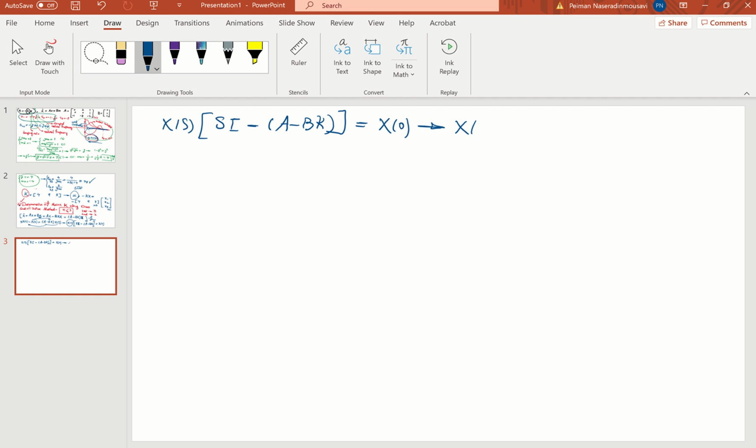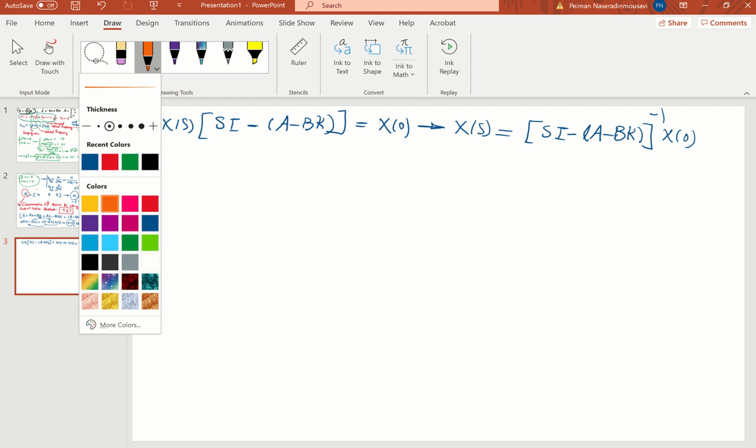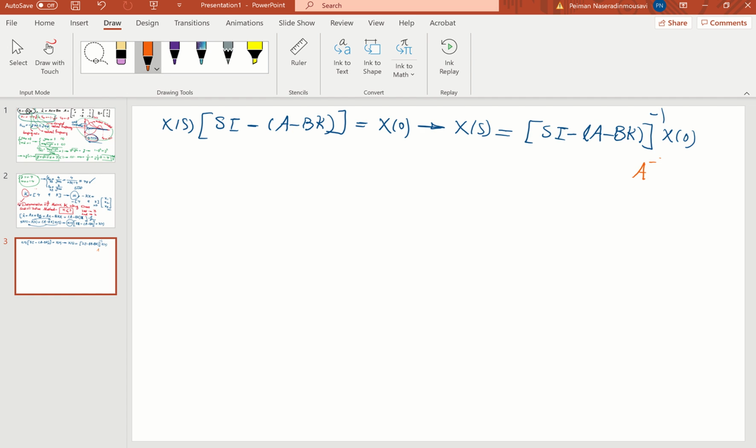So x of s is very easy from high school algebra: (sI minus A minus BK) inverse times x at time 0. As I'm refreshing your mind from middle school, a matrix inverse is the matrix adjugate over the determinant of the matrix.